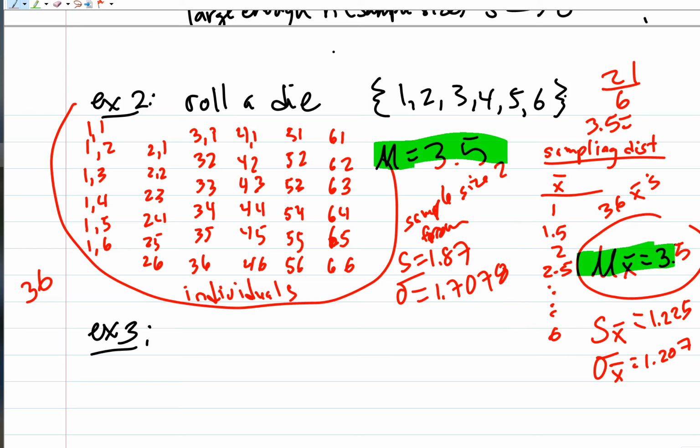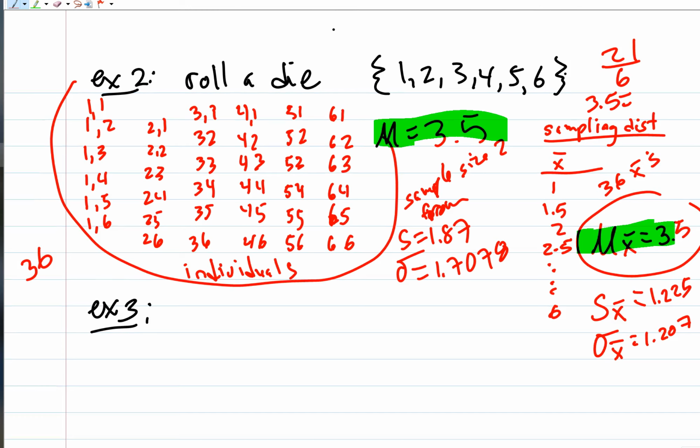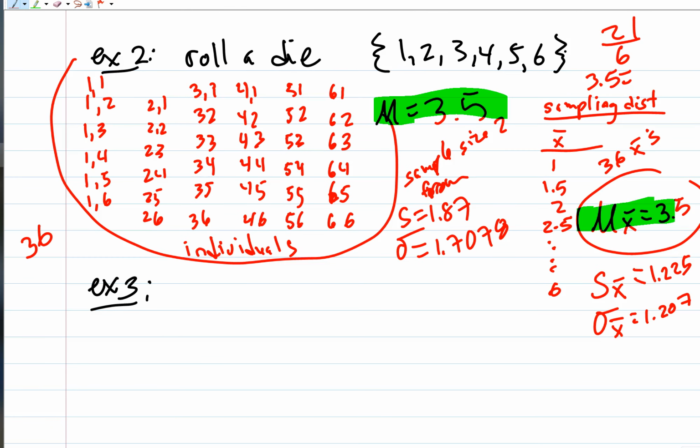For example 3, what I want to do is I want to just deal with this with proportions real quick. So if I said the numbers 1 through 6, and I said, okay, so what is the proportion of 6's in this?